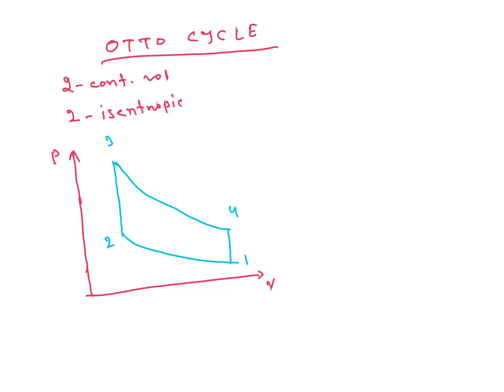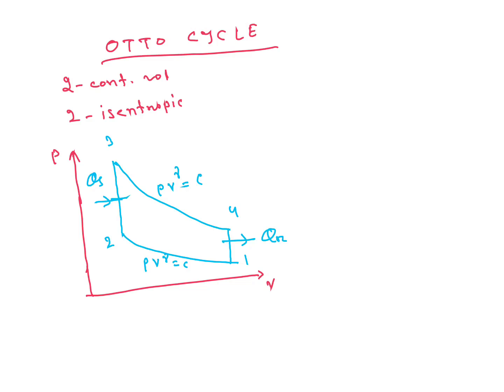This is heat supplied, heat rejected. Constant entropy process 3 to 4 and 1 to 2. 2 to 3 and 4 to 1 constant volume process, constant volume heat addition and constant volume heat rejection.